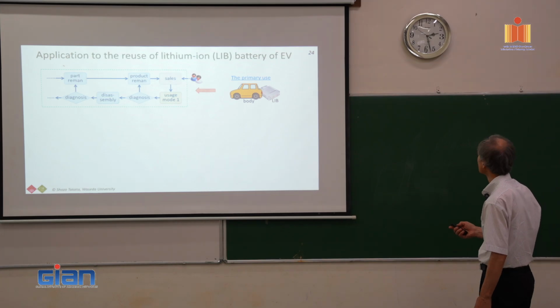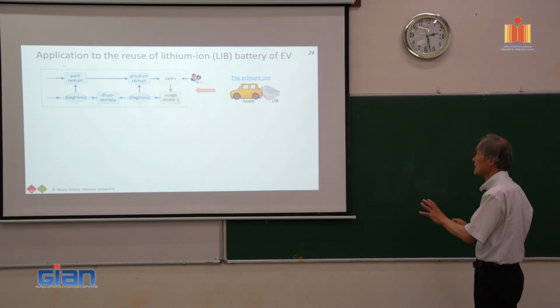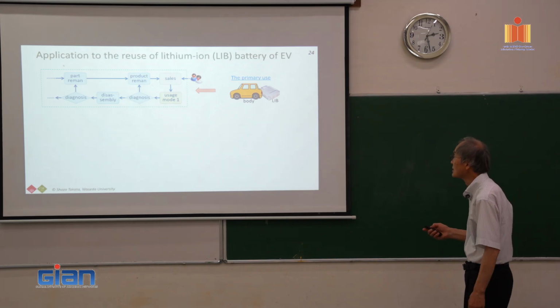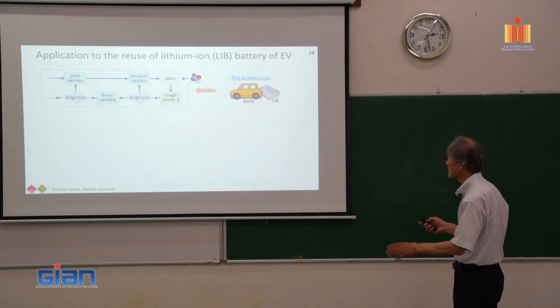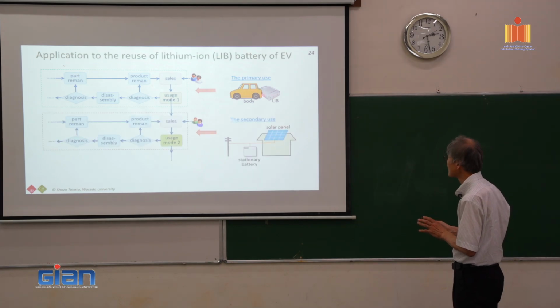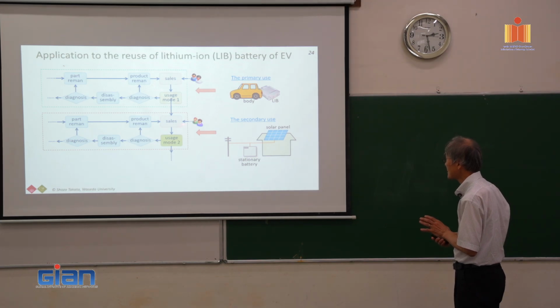And I want to show you an example of the simulation, the EV's lithium-ion battery simulation. As I already said, the primary use of the lithium-ion battery is for the car, and the secondary use is for the stationary battery.